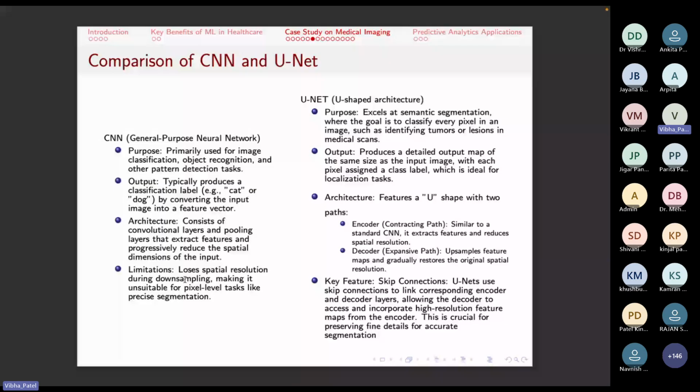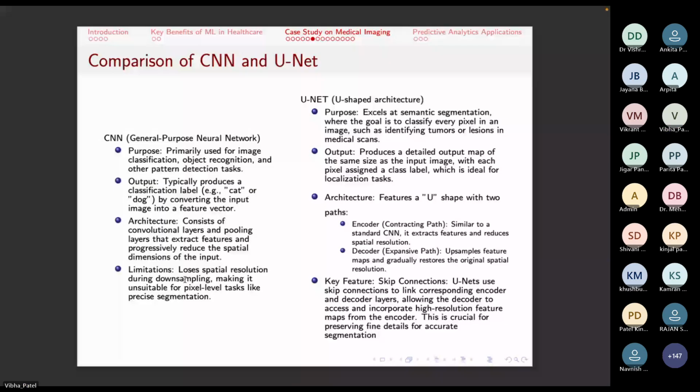When we provide translation invariance in the whole mechanism, it means the tumor may exist at any location. We are not bothered about that, but we are concerned whether it exists or not. That is the only concern of CNN, and that's the reason why we are not in a position to identify the actual type of tumor using CNN. It would be a difficult task for CNN to do.